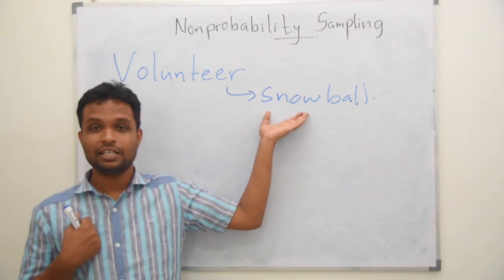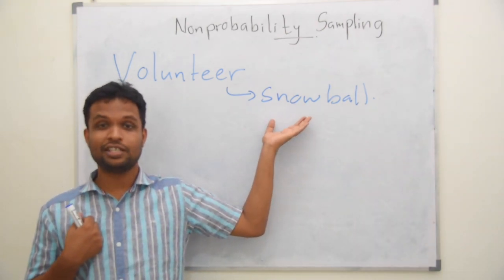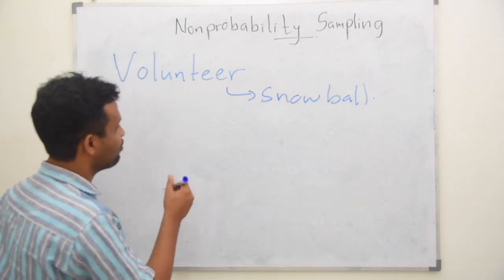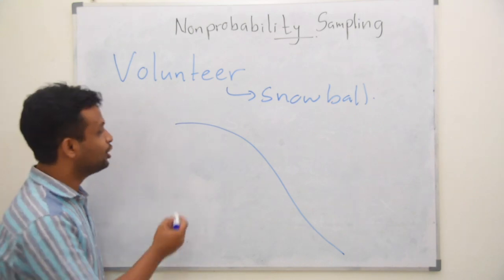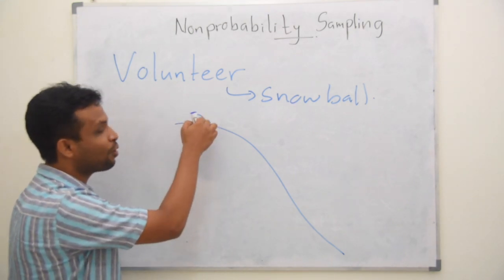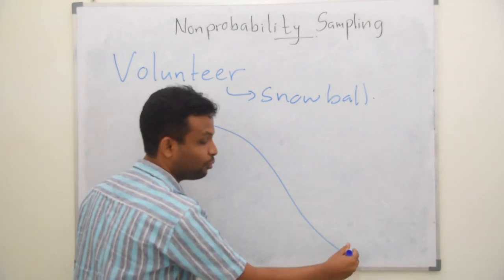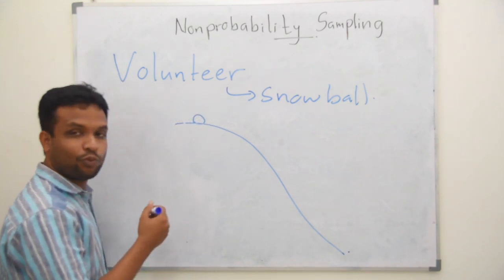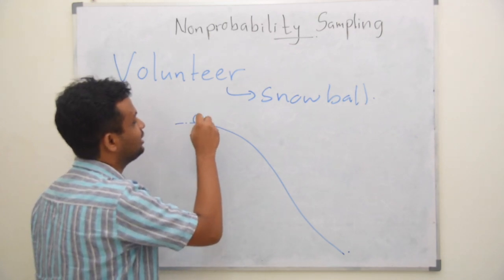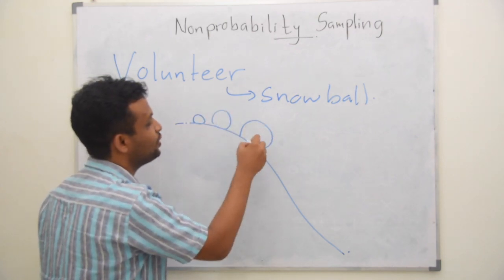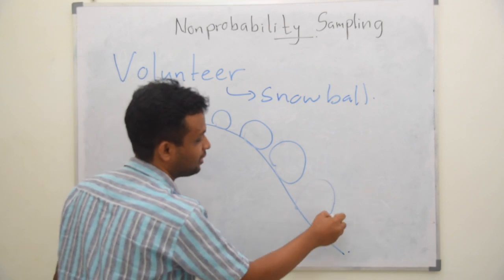Before that, I would like to recall why this name is there. In my country, there's no snow. I have seen snow through cartoons. But if you remember those cartoons, this is a mountain. You roll a snowball towards the bottom of the mountain. What will happen? When you roll it, it will gradually enlarge.